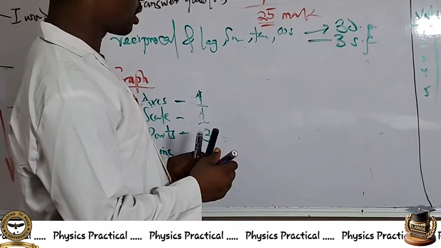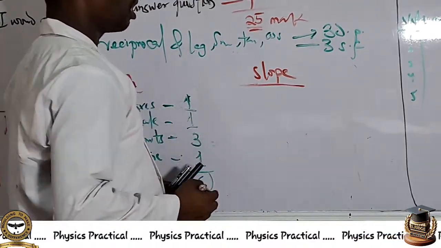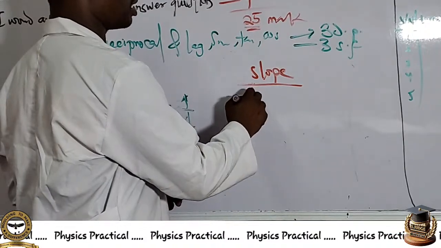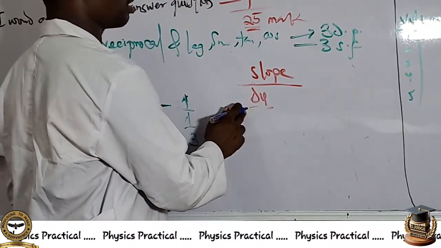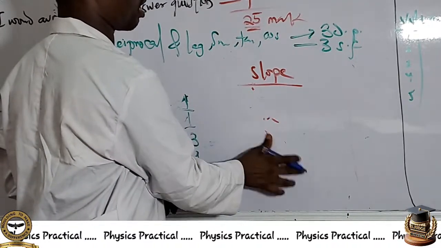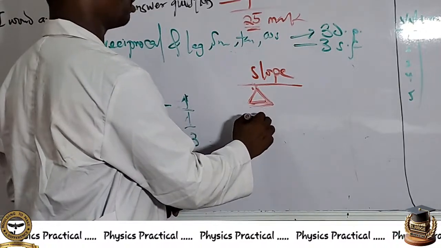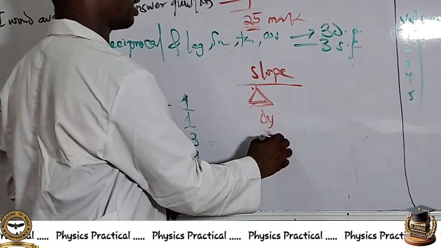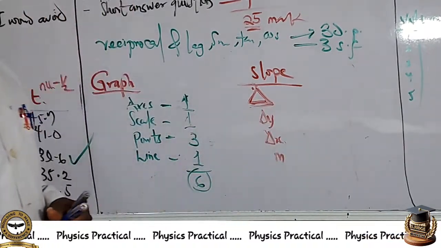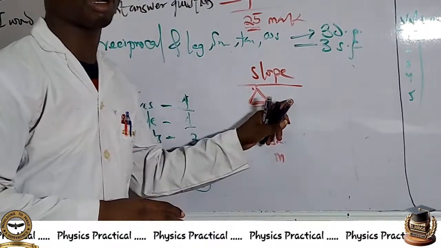Then slope. Let me quickly write the one for slope. For slope, the first thing is change in y, then change in x. The first thing we have is the big triangle, delta y, delta x. So whatever you get, if your triangle is not a right angle triangle, you have lost the total mark for slope.